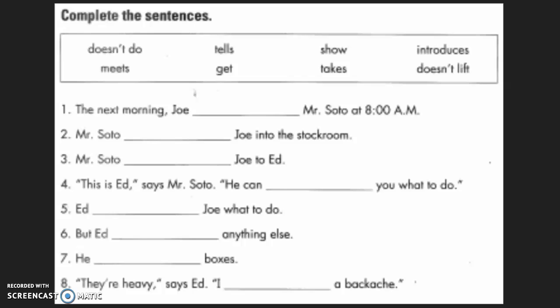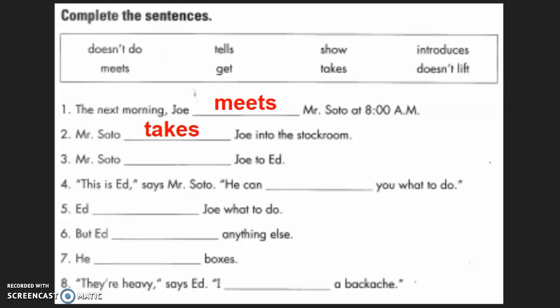Number 1. The next morning, Joe, Mr. Soto at 8:00 a.m. Which of the words fits in that blank? Meets. The next morning, Joe meets Mr. Soto at 8:00 a.m. Number 2. Mr. Soto, Joe, into the stockroom. Takes. Mr. Soto takes Joe into the stockroom.